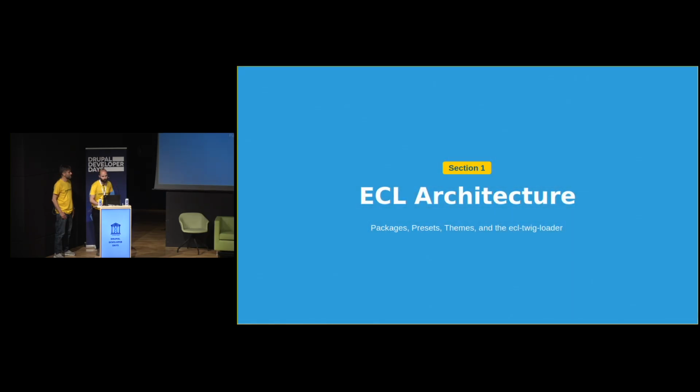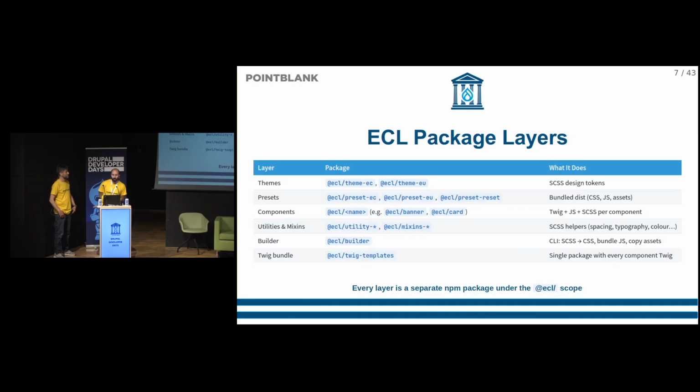Okay, so let's start with the ECL architecture. To start with, ECL is a family of NPM packages under the scope of ECL. First are the theme EC and the theme EU, which are the design tokens for each brand. Then you have the presets, which are bundled CSS, JavaScript, and assets. It's everything bundled there that you can use straight in your project.